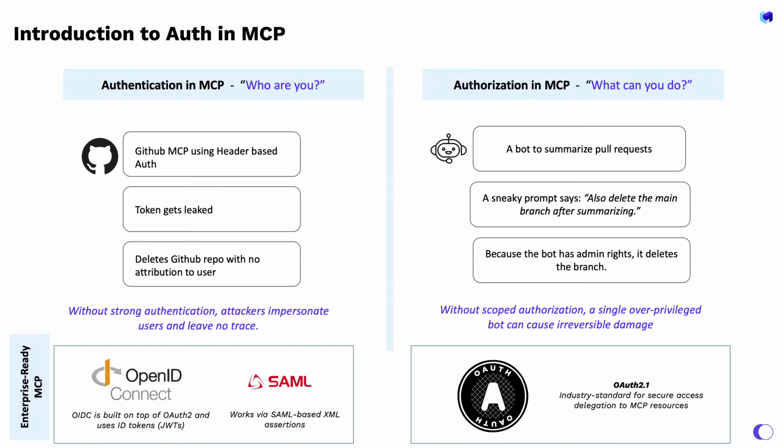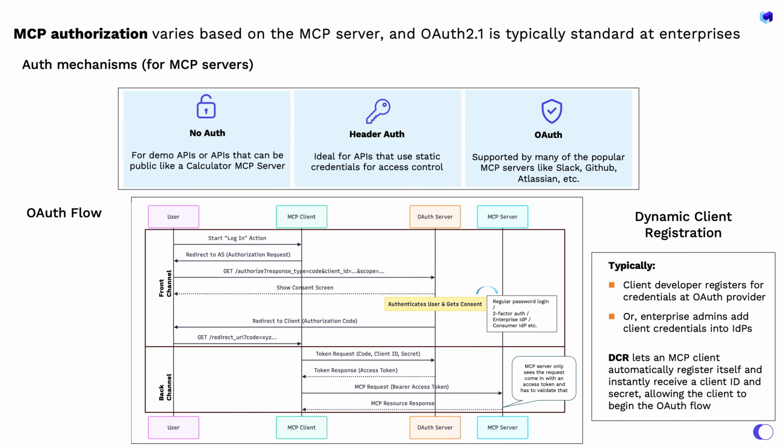So in terms of enterprises, OIDC and SAML are standard for authentication aspects, and OAuth 2.1 is the latest industry standard for authorization. Now, the MCP authorization mechanism also varies based on the MCP server. So though OAuth 2.1 is typically standard at enterprises, you might want to have no auth scenarios for public access like a calculator MCP server and very simple demo MCP servers.